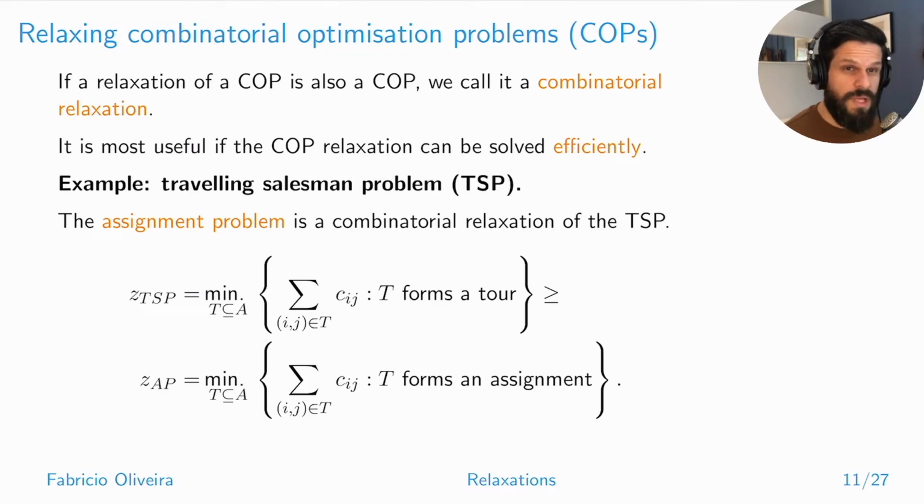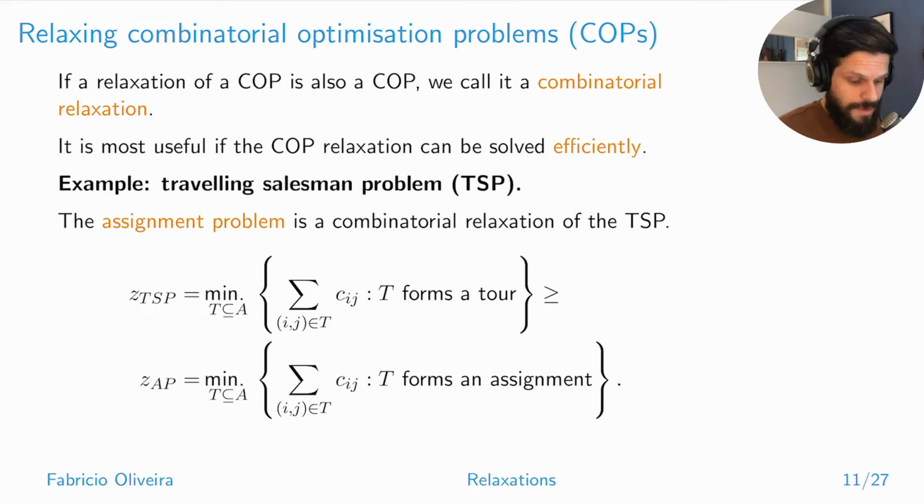So, for example, one very simple combinatorial relaxation we already see is the notion that when we posed the traveling salesman problem, and we started with our naive way of writing just the incidence constraints, we said, oh, this is exactly like the assignment problem, but there was something missing and we had to add more constraints, right?